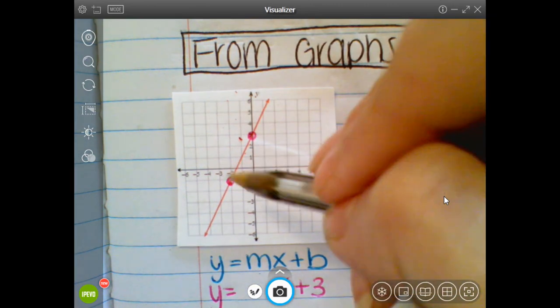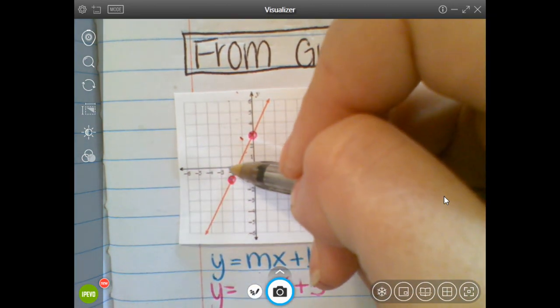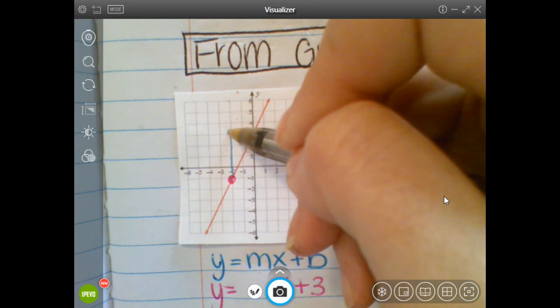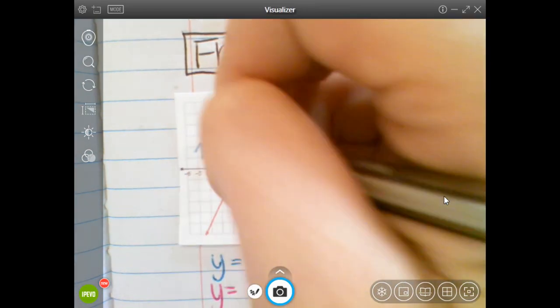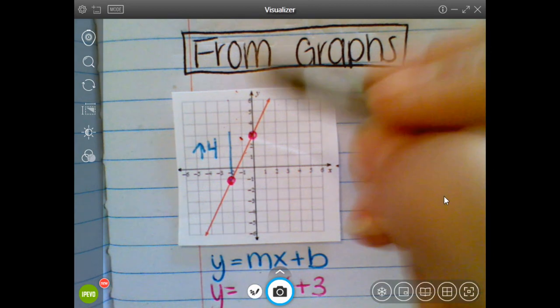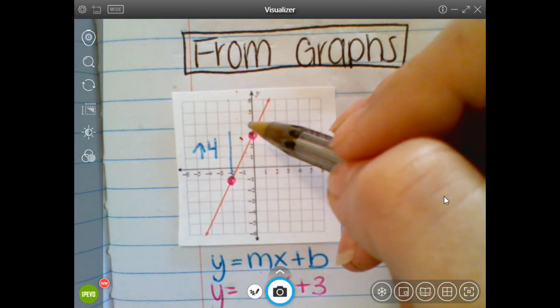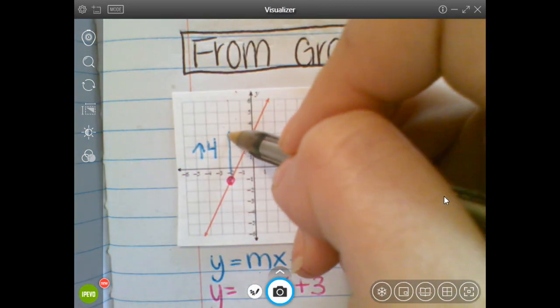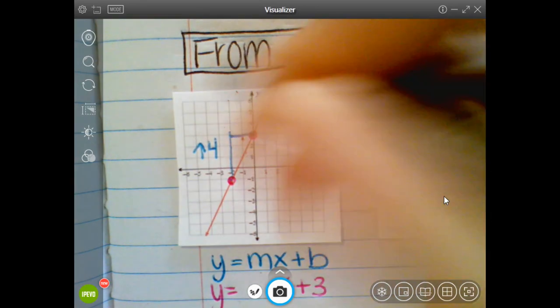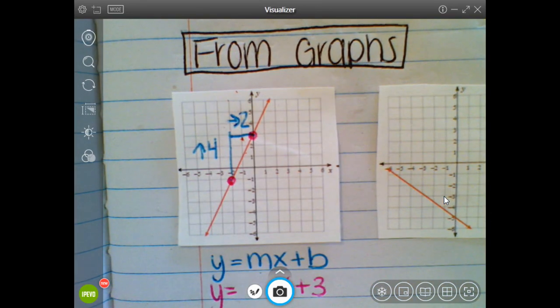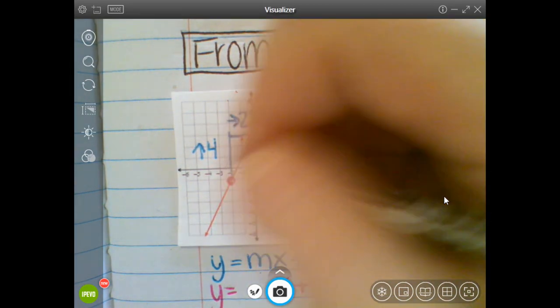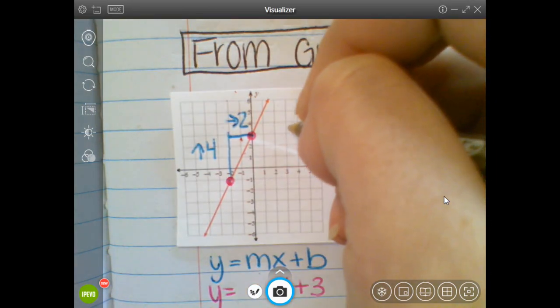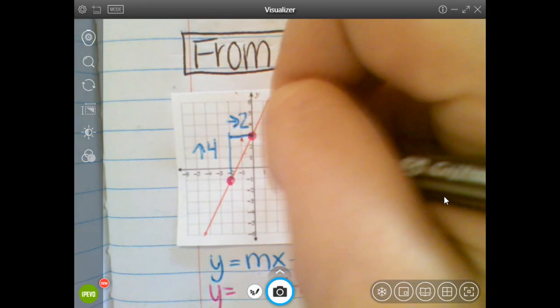If I start here, I go up 1 box, 2 box, 3 box, 4 box. So that's up 4. Then to get back to the red line, I'm not just going over to anywhere. I go over 1, 2, and I went to the right. So I have a slope that's up, that's positive 4. Remember, it's the change in y over your change in x.